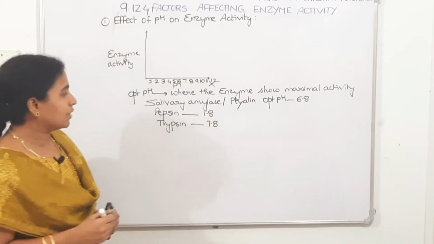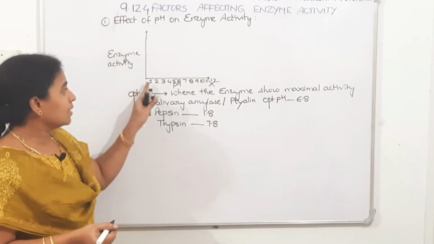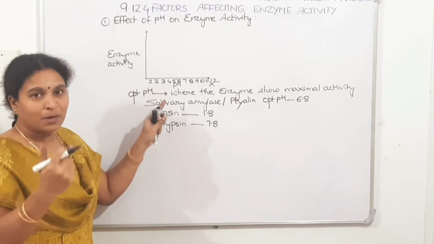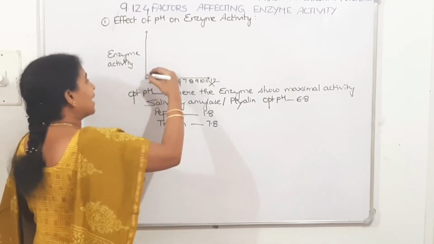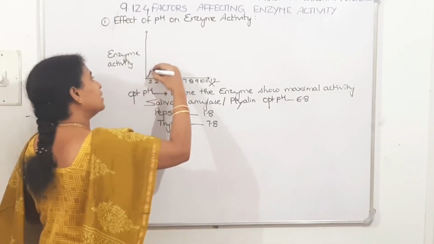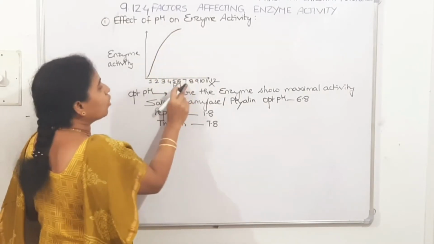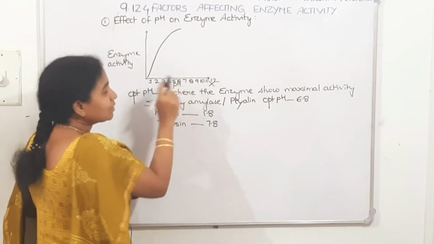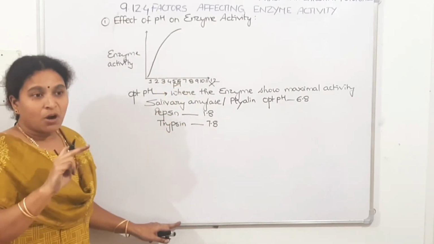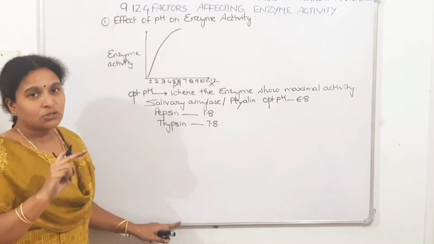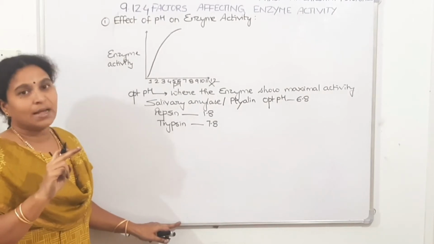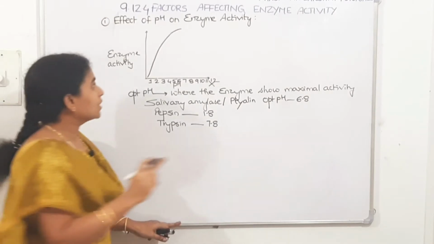Now, when you increase the pH by 1 point, the enzymatic activity also increases, till you reach the optimal pH of 7. Once the optimal pH is reached, if you keep increasing the pH beyond that, the enzyme stability is lost and the enzymatic activity keeps decreasing.